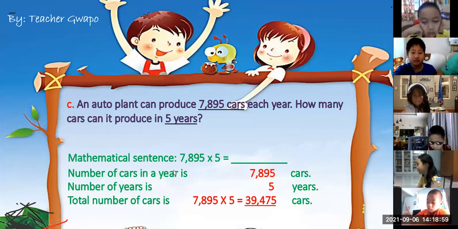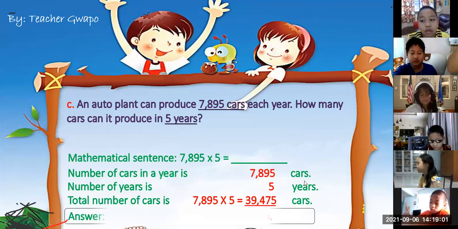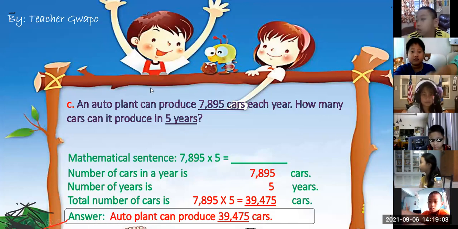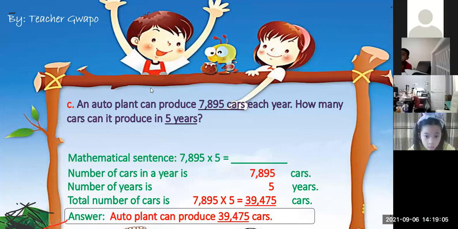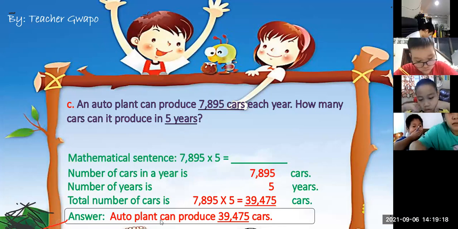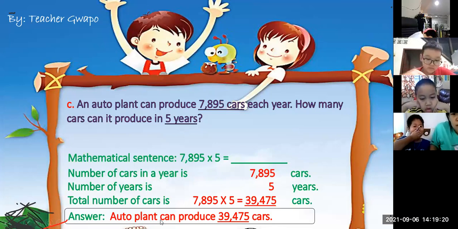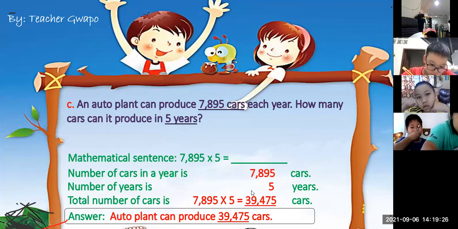So the answer here in letter C is the auto plant can produce 39,475 cars. So many cars.